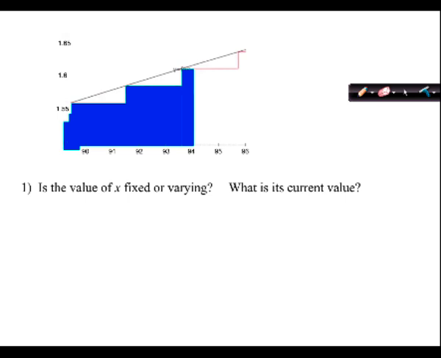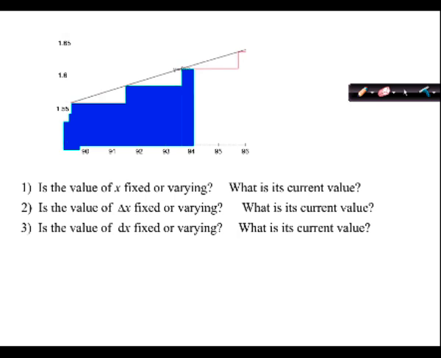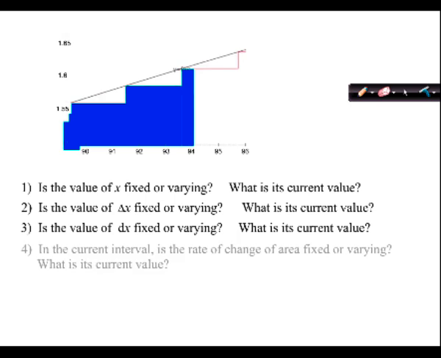Looking at this particular snapshot, what's its current value? Is the value of delta x fixed or varying, and what's its current value? Is the value of dx fixed or varying? And finally, in the current interval, is the rate of change of area fixed or varying, and what is its current value?